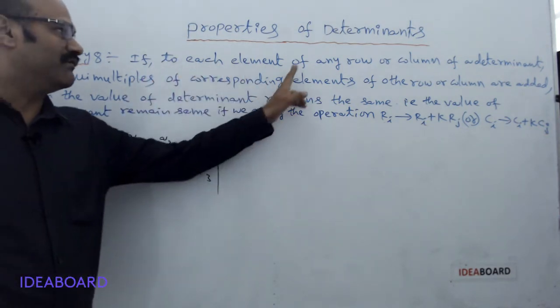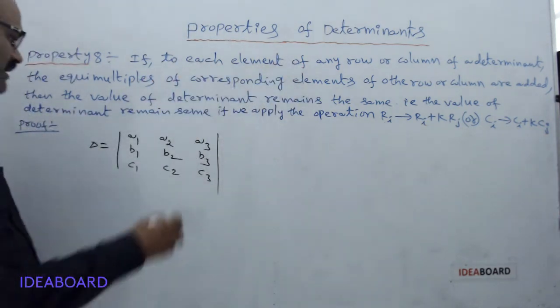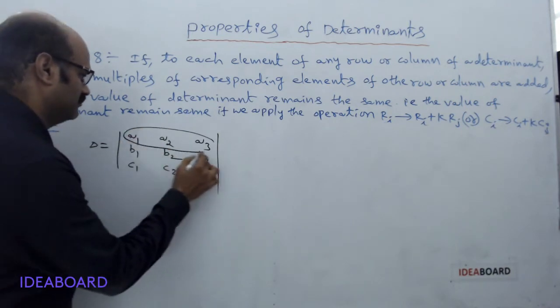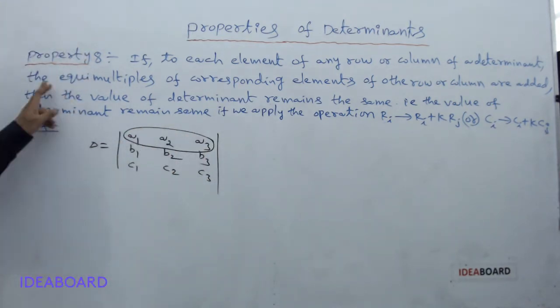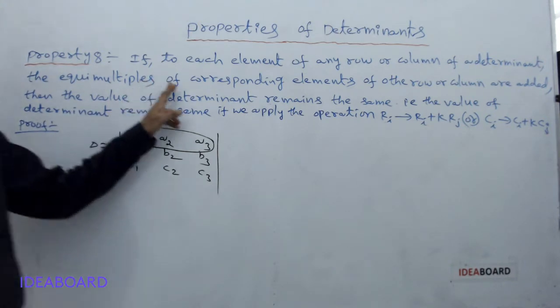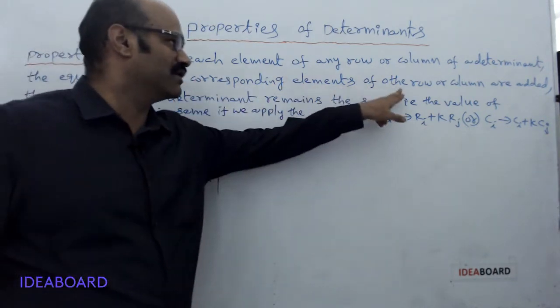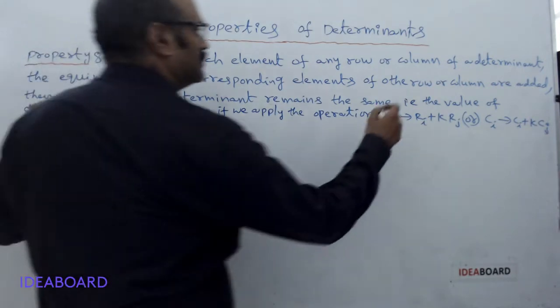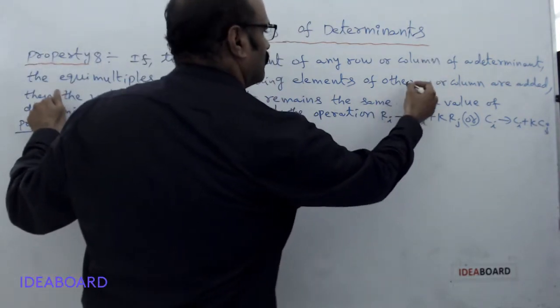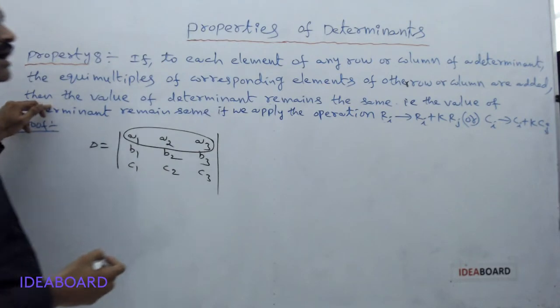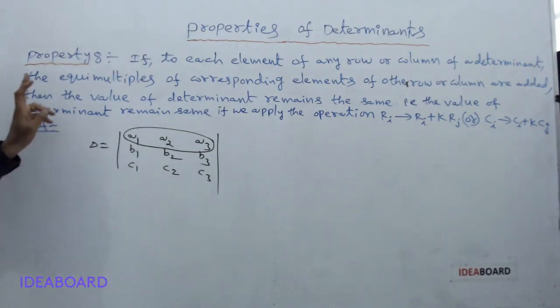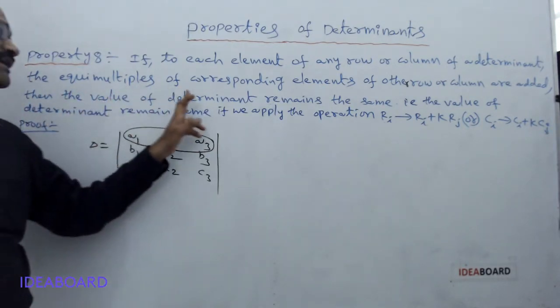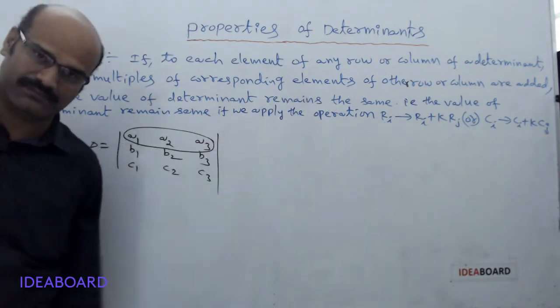If to each element of any row or column of a determinant, let me take R1 here, the equi-multiples of corresponding elements of other row or column are added, then the value of the determinant remains the same.